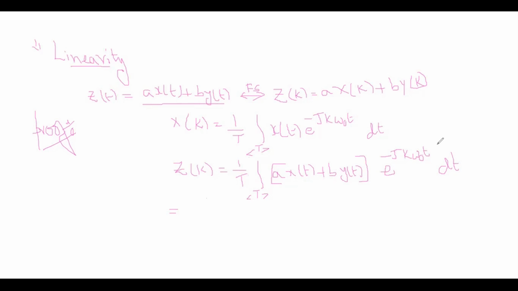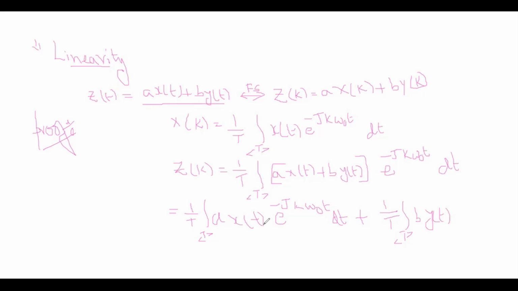Z of k is equal to 1 by T, the given. I can write this integral as two parts: 1 by T, the integral over T, a into x of t. For the first function also there is a multiplication factor of e power minus j k omega naught t dt, plus another integral, 1 by T integral b into, not x of t, it is y of t, sorry, y of t.